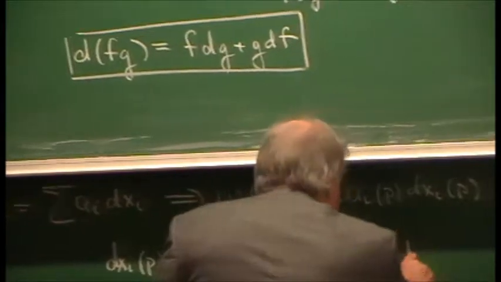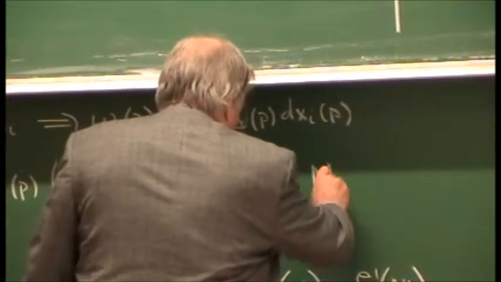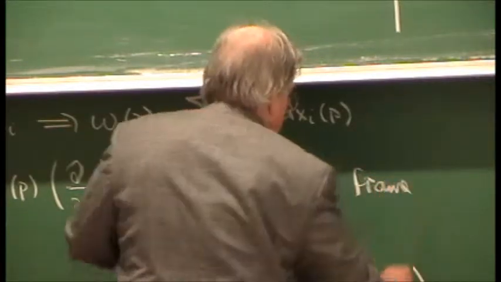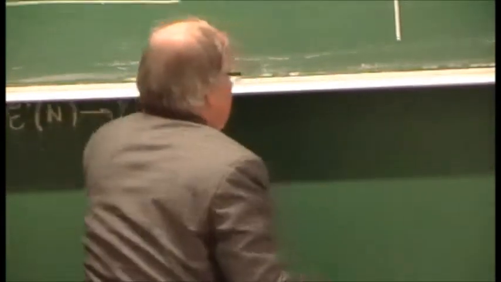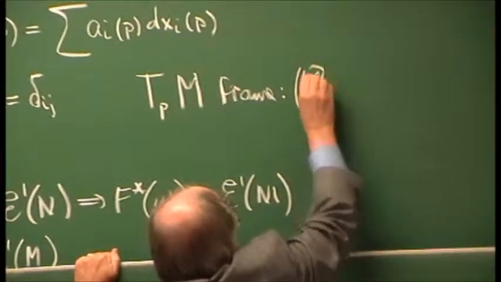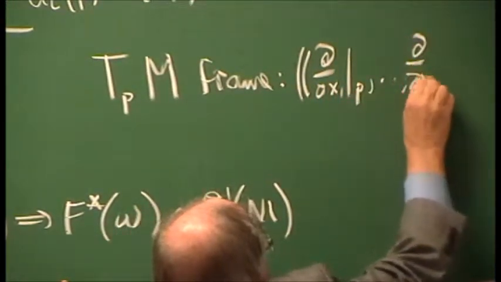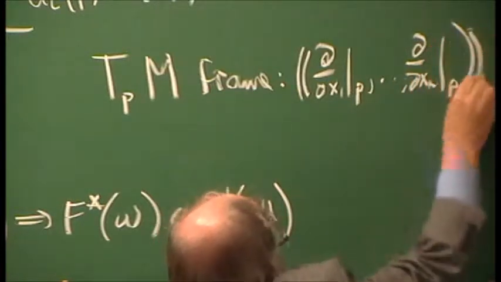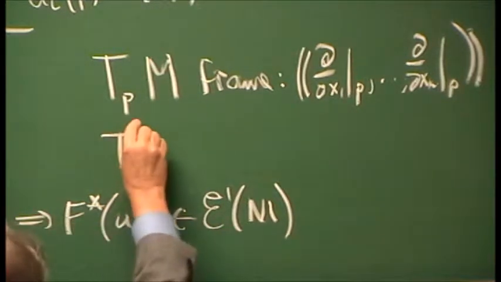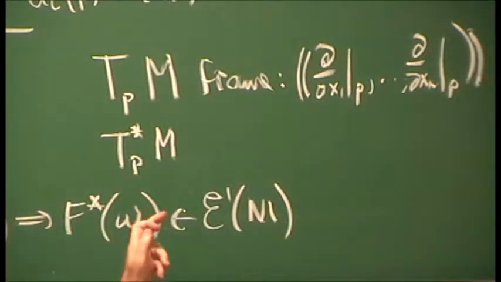So we have the tangent space at p of n, which has a frame, an ordered basis, d dx1 at p through d dxn at p. That's no problem. And the cotangent space, I'm introducing, and I thank you for your question because it reminds me to introduce the notion of the cotangent space at p.